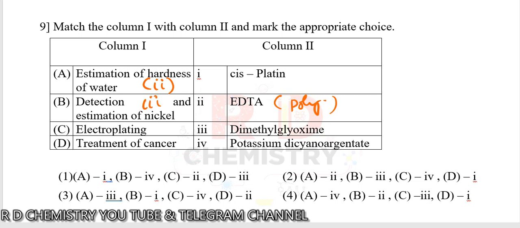That is option number 3. Treatment of cancer is the cisplatin. That is option number 1. Remaining is electroplating. Electroplating is done using potassium dicyanoargentate. That is option number 4. So we'll go for 2, 3, 4, 1. That is option number 2. Right?